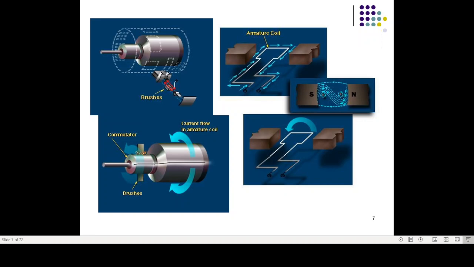When the armature of a motor is rotating, the conductors are also cutting the magnetic flux lines, and hence, according to Faraday's law of electromagnetic induction, an EMF is induced in the armature conductor. The direction of this induced EMF is such that it opposes the armature current. Armature current will flow here, and then we have a flux from north to south.